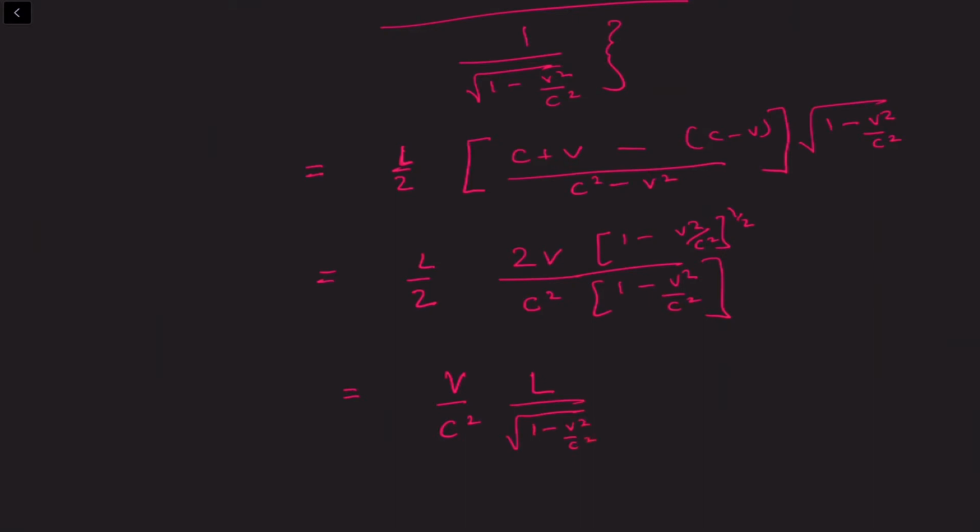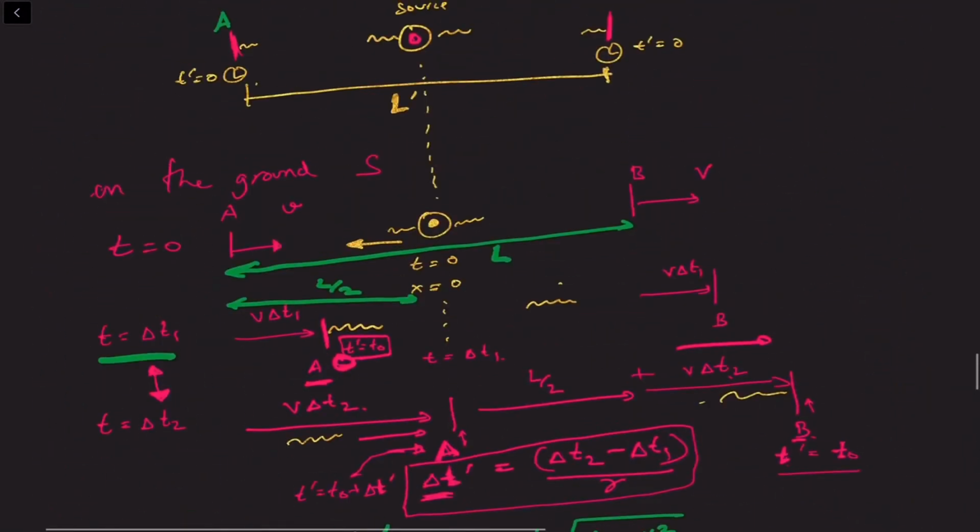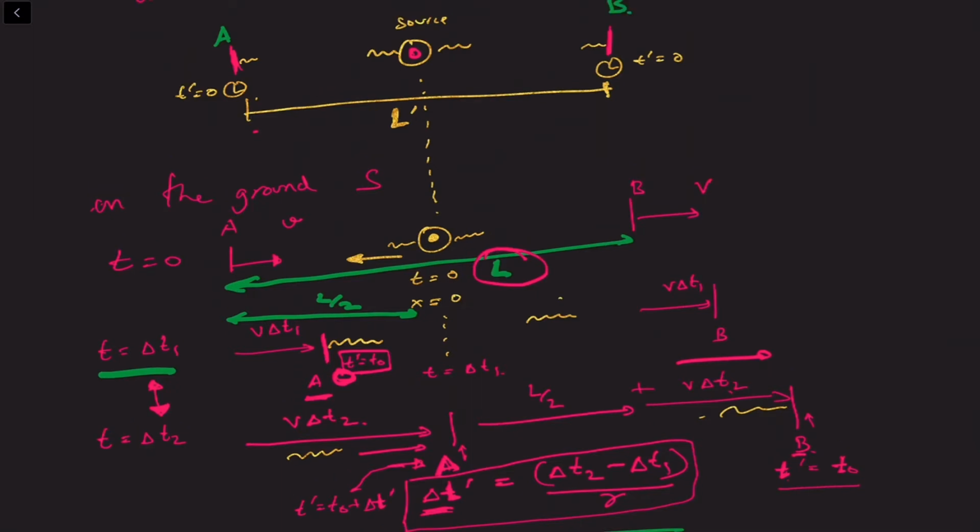But now, the length L, as we had discussed earlier, is the distance between A and B, and this distance is as measured by the ground observers. And this distance is length contracted compared to the actual length between A and B on the train, or the proper length between A and B. So the length L is related to the length L prime, but it's smaller by a factor of square root of 1 minus v square over c square.